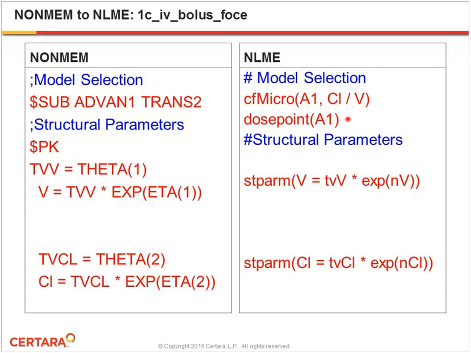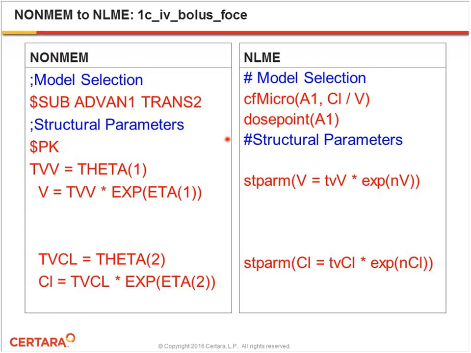In this case, dosepoint A1 means this is the IV bolus dose that we specify here. This is not necessary in NONMEM, so this just needs to be remembered.